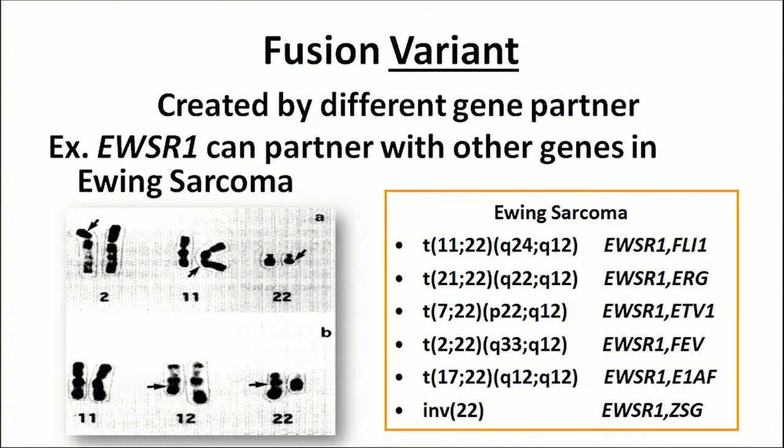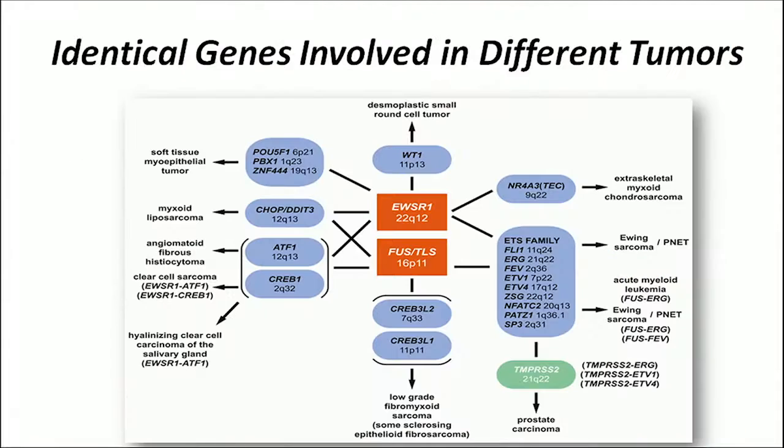A variant is a translocation involving a different gene. So instead of EWSR1-FLI1 and all its types, you can have EWSR1-ERG, and that would be a different fusion variant. It produces the same tumor, but with different genes involved.